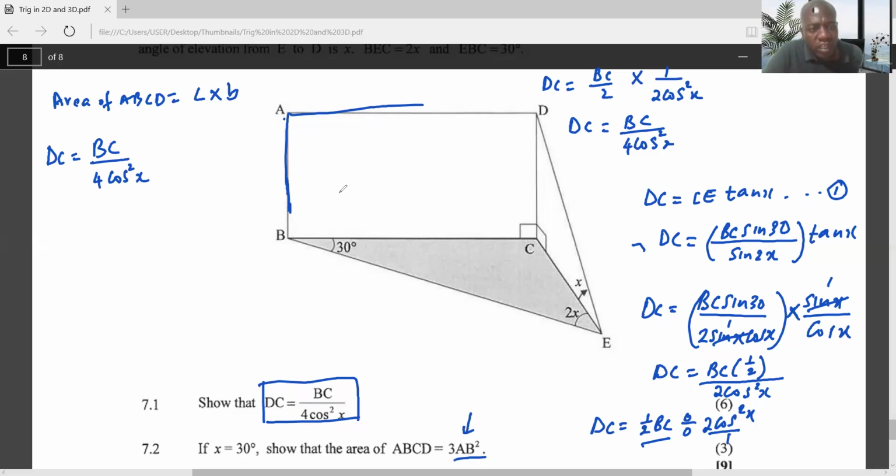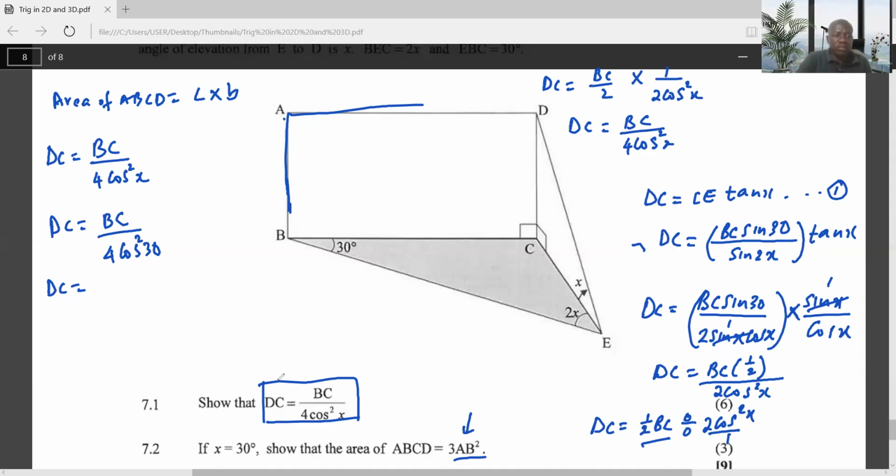And we are told that x is 30. So from this, where there is x, let's substitute by 30. So DC will be BC over 4 cos squared 30. We have to simplify this. So we're going to have 4 into cos of 30 squared.